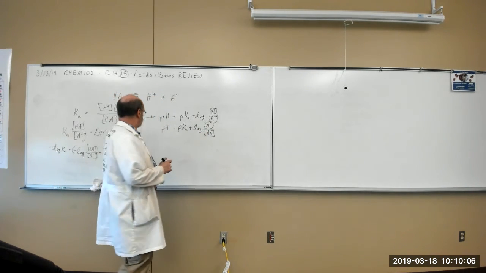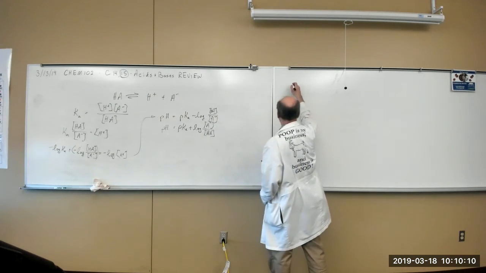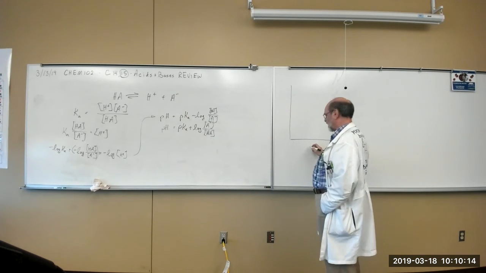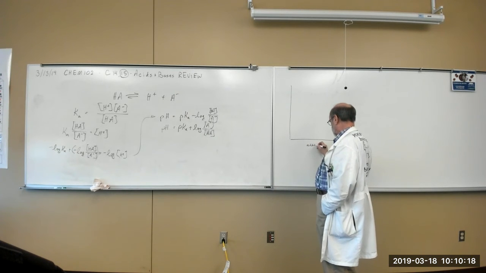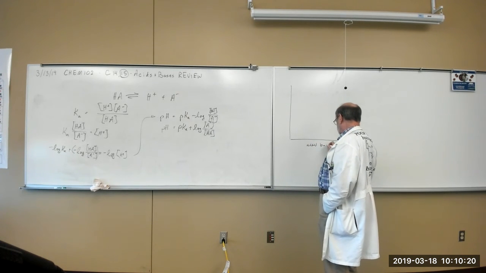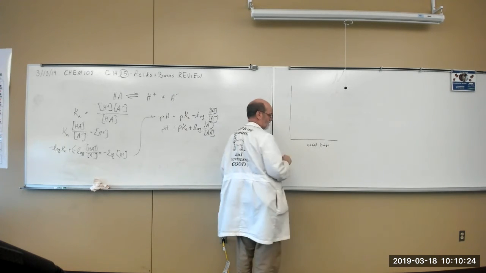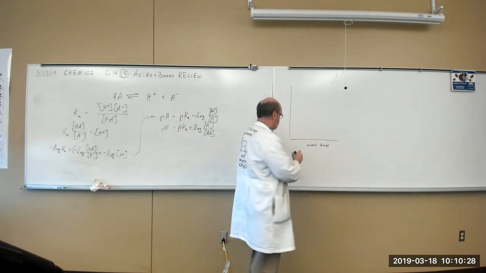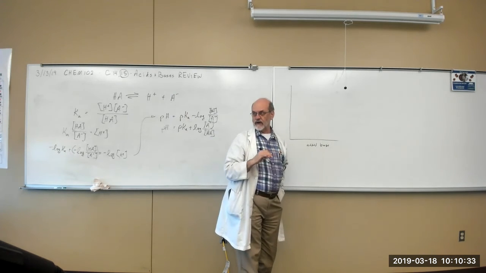Okay, let's go to our titration curve. So you're going to be adding base in the lab next week. That would cause a neutralization reaction, right? Eventually, yeah. But with a weak acid, it goes through a series of changes that are predictable.